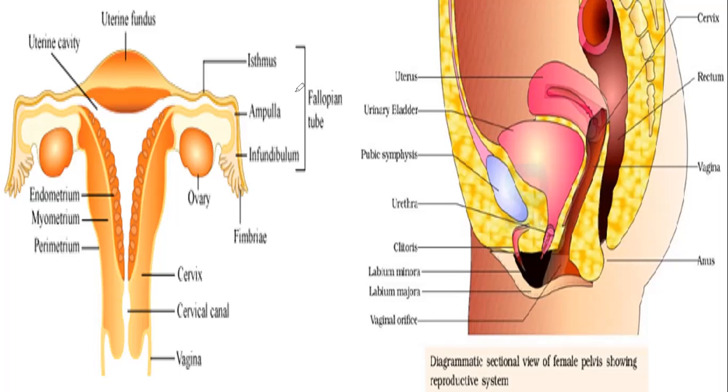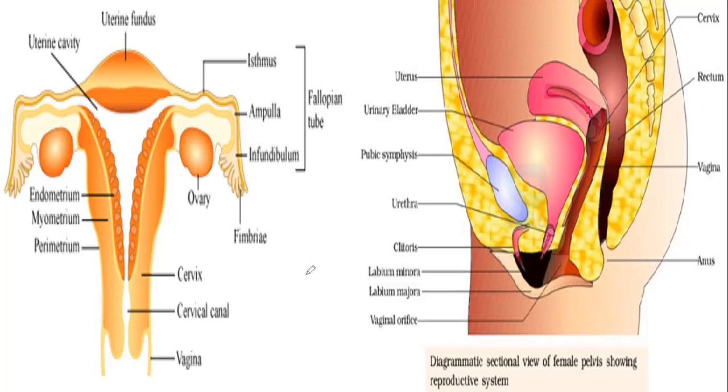This is the fallopian tube. Then this region is the uterus. And this area is called the vagina. They constitute the female accessory duct.